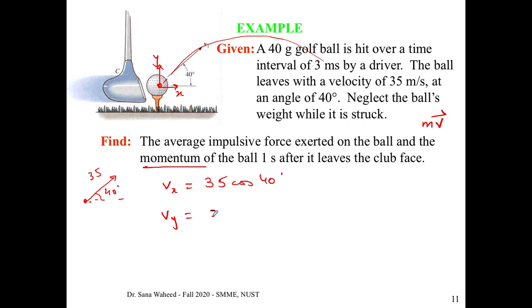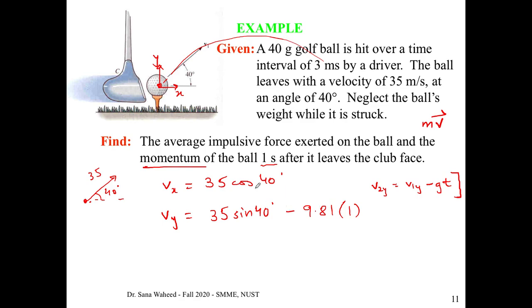So that's going to be 35 sin 40, which was upwards initially, and then there's a minus 9.81 times how much? After 1 second, so 1 second. Please note this is just our V2y equals V1y minus gt, right? Projectile motion, in which I have a case of constant acceleration for the vertical component of velocity.